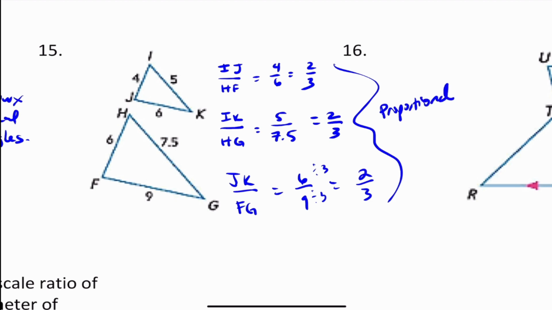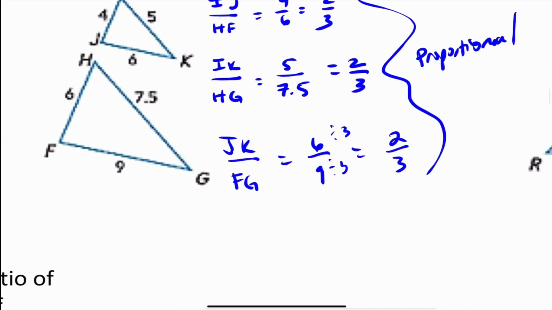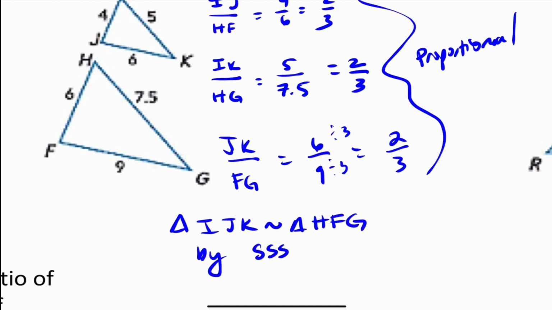So what does that mean? Are they similar by angle-angle similarity, side-angle-side similarity, or side-side-side similarity? Well, we're dealing with sides here. They're proportional to each other. I'm going to say triangle IJK is similar to triangle FHG by the side-side-side similarity theorem.